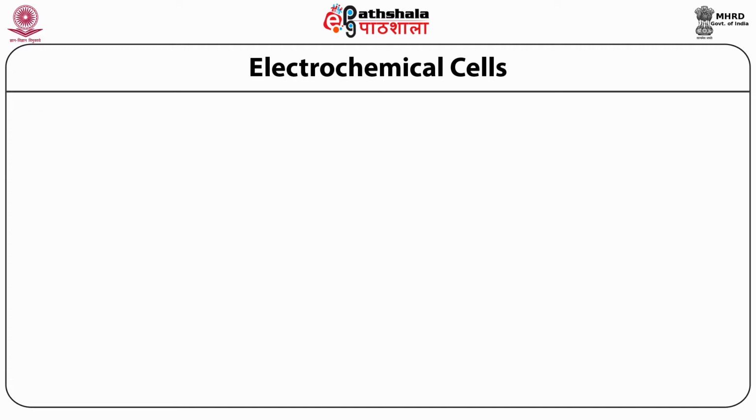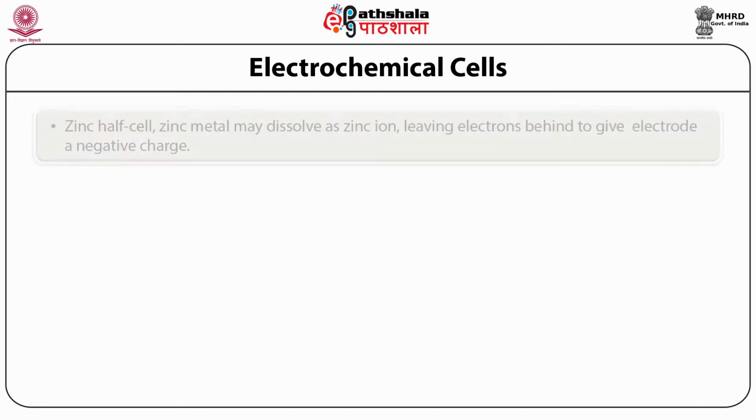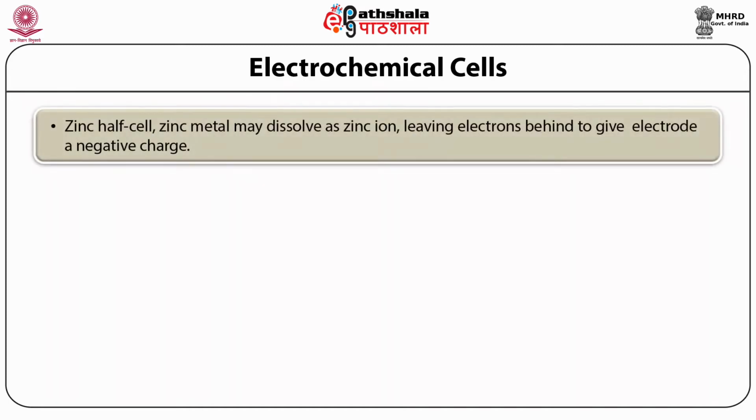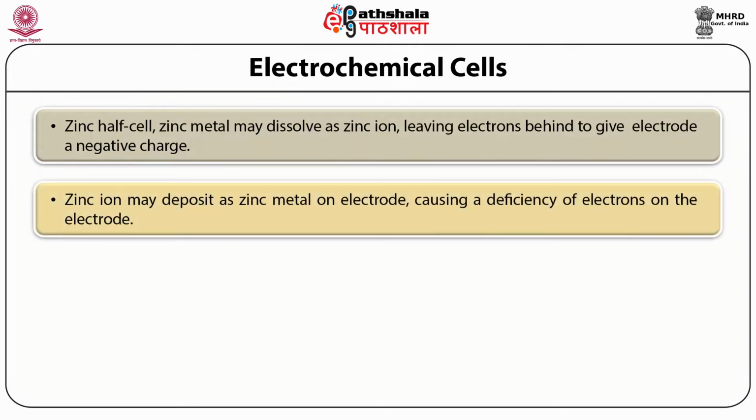In this electrochemical cell, as you can see in figure 1, in the zinc half cell, zinc metal may dissolve as zinc ion, leaving the electrons behind to give the electrode a negative charge, that is, excessive electrons are present on the electrode surface. Alternatively, zinc ion may deposit as zinc metal on the electrode, causing a deficiency of electrons on the electrode.